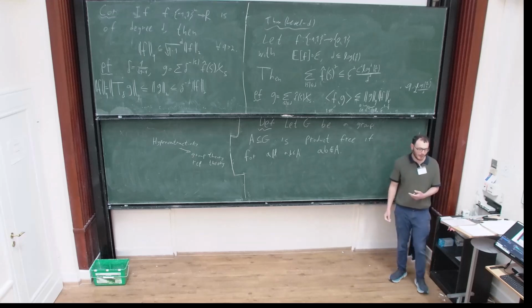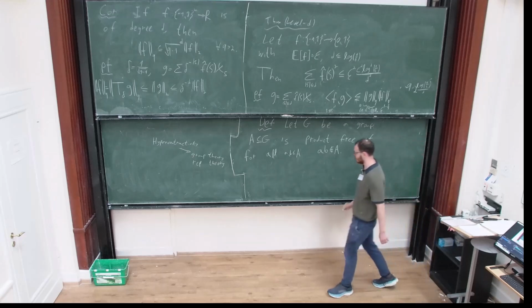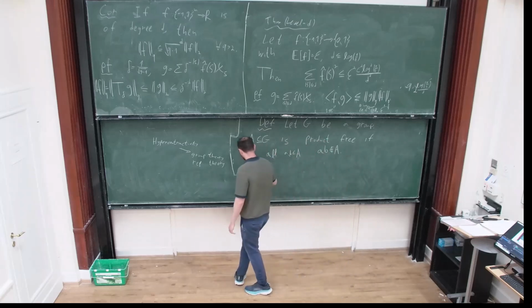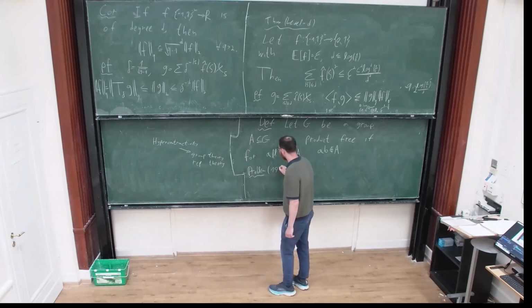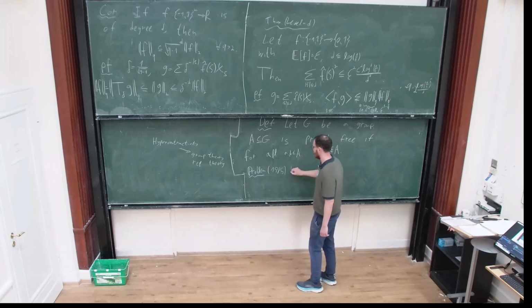It means that for each pair of elements in the set, the product is not in the set. And in 1985, Babai and Sós posed this problem.